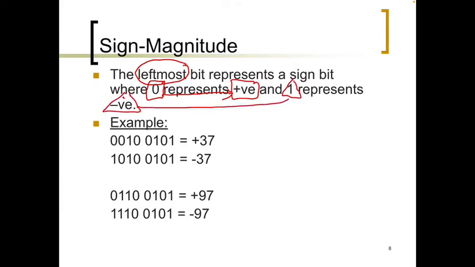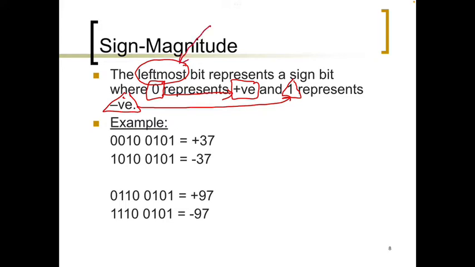So you need to remember this two things: 0 represents positive, 1 represents negative, and this does not apply to all bits, but only the leftmost.